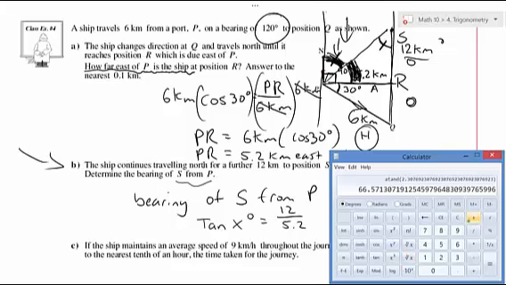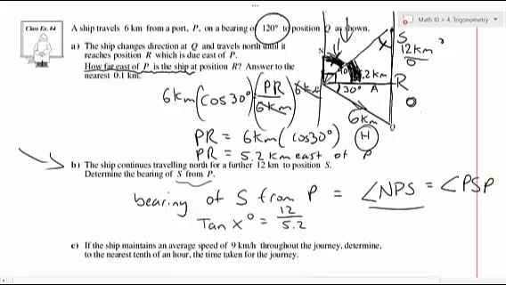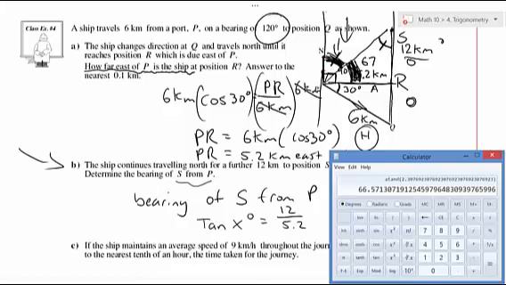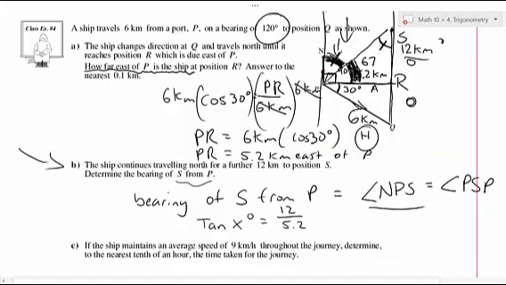All right? Now that's not finished. So if we have this, which is 67 degrees, it's 66.5, then we know that this angle here is going to be 90 minus 67 degrees.